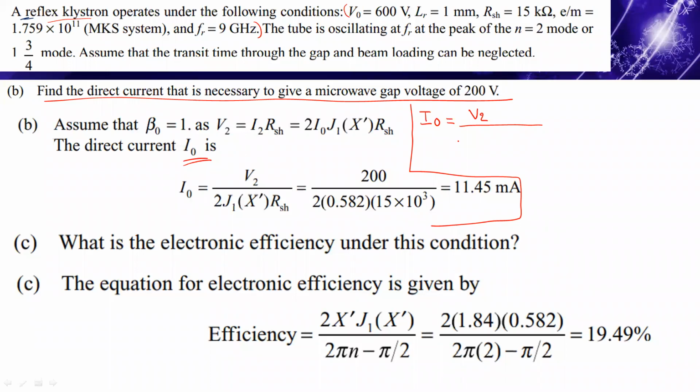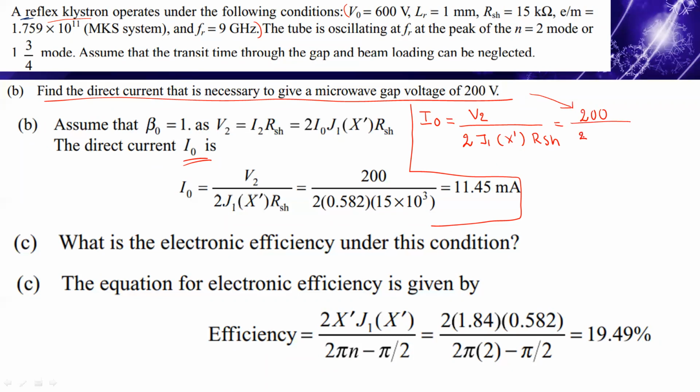V equal to IR, so I equal to V by R. So that equals 2 J1, the Bessel function of this one, into resistance RSH. So that equals V2, they mentioned 200.